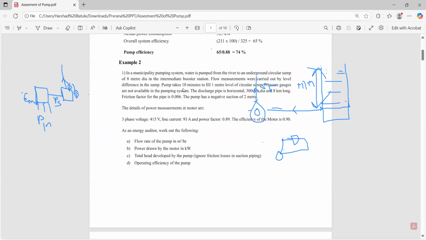So they have given the diameter of the intermediate booster station, means they have given the total volume capacity. Then they have given the time difference, 10 minutes to fill 1 meter level of the circular sump, means they have given the difference between the levels. So the time taken is given as a parameter on an hourly or minute basis.